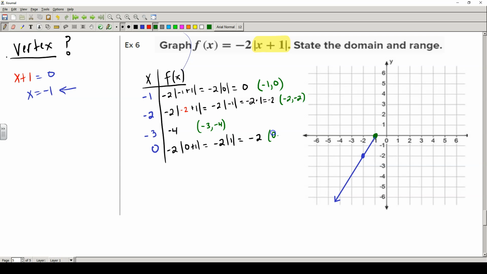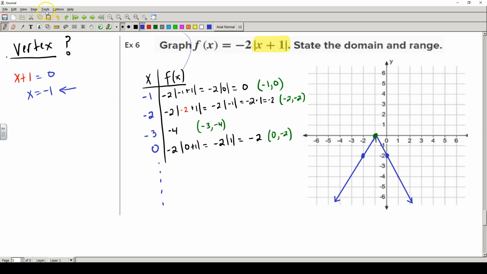So now we have the point 0, -2, and that's going to be right here. And again, I know that's the vertex, so I can really utilize that. I don't really need to plug in any more points. I can say that this is going to be connected to this, because it has to be. Okay. If I kept plugging more and more points in, of course, those points are just going to keep following along on the line that I just drew, right? So that is how we graph the absolute value function.